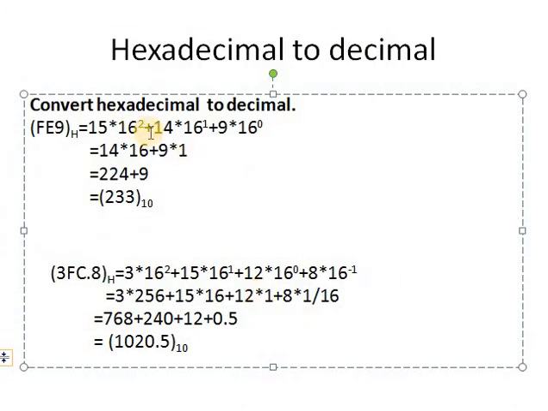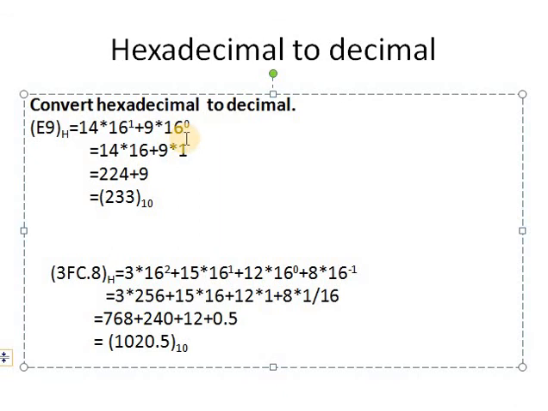So see here, this is how you have to go. Then if you add the 16 power 2 value, you will get some output. So this is how you are going to convert hexadecimal to decimal.